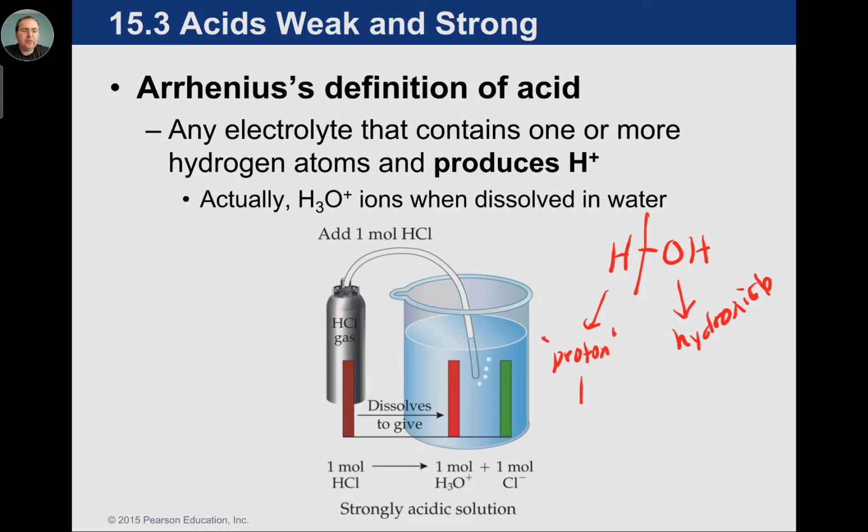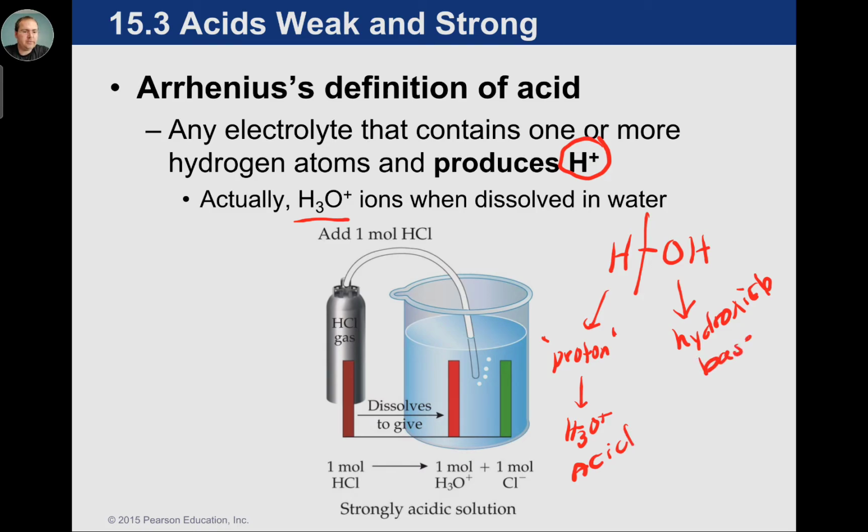Just remember that those protons react very quickly with water to make H3O+. But really the definition of an acid is who can give H+ to water. Eventually it turns into H3O+, but really the bare bones definition is if we divide water into two pieces, one side is the acid, one side is the base.